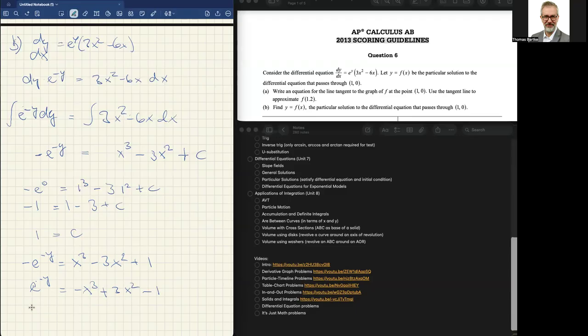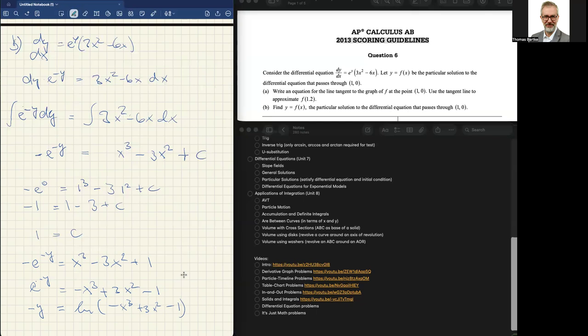Now I'm going to take the logarithm on both sides. That gives me negative y equals ln of negative x cubed plus 3x squared minus 1.